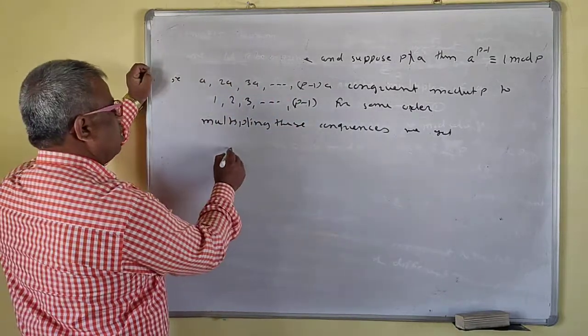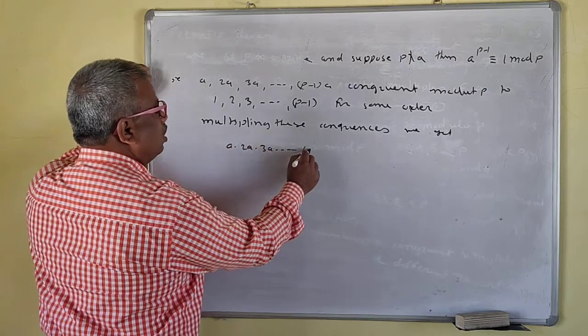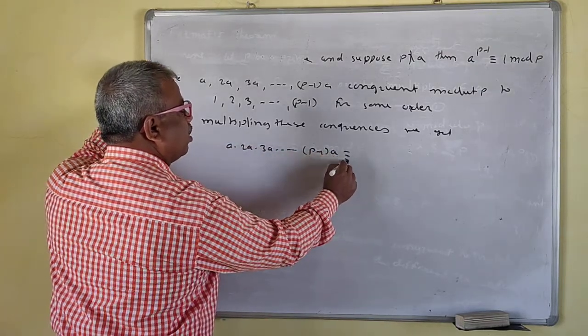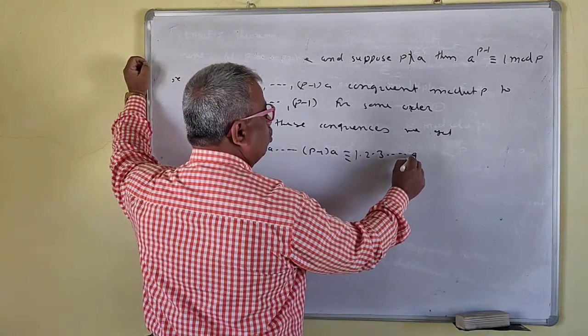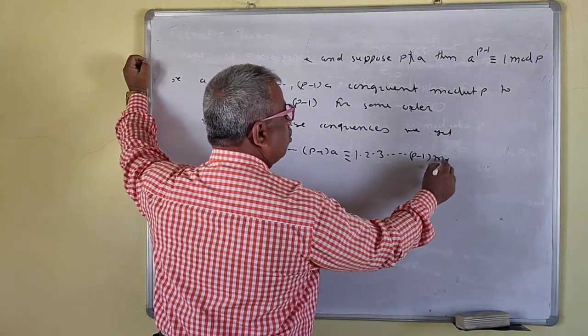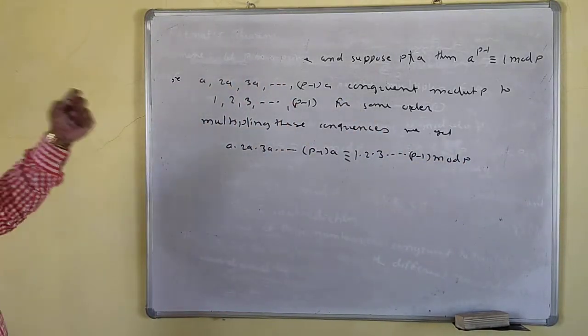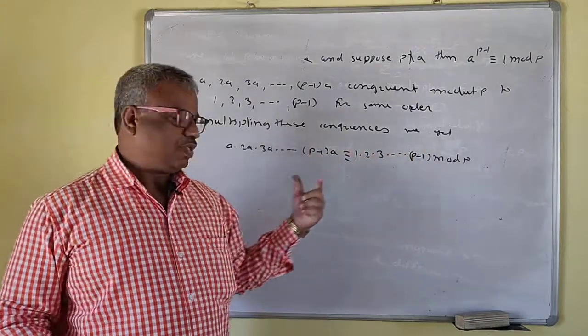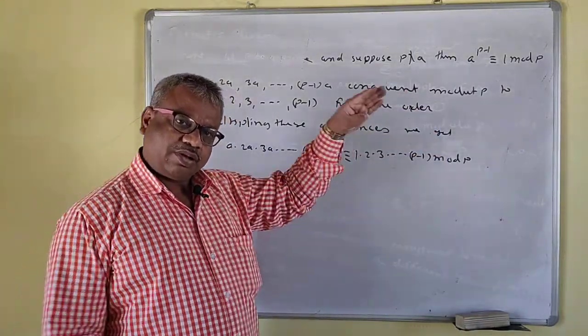So we get a into twice a into 3a, dot dot dot, into p minus 1 times a congruent to 1 into 2 into 3, dot dot dot, into p minus 1 modulo p. We have taken the product of all these.